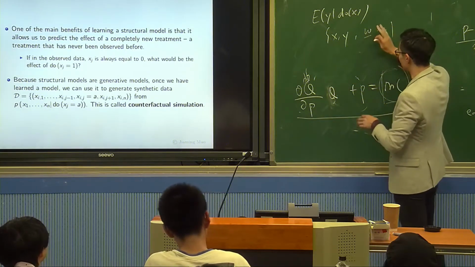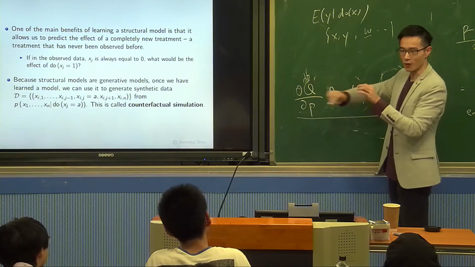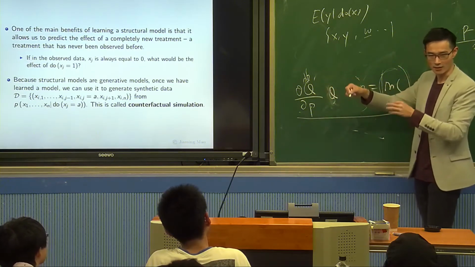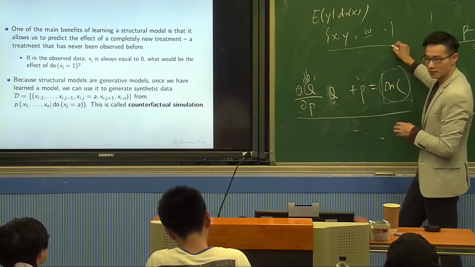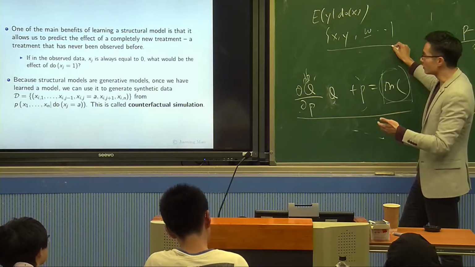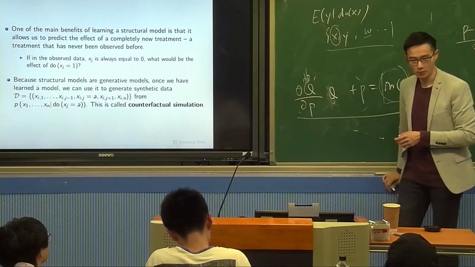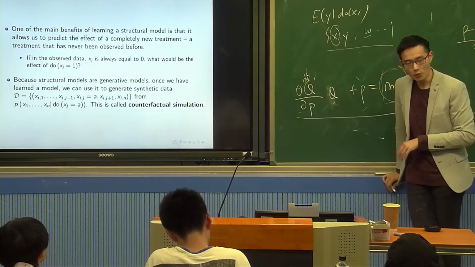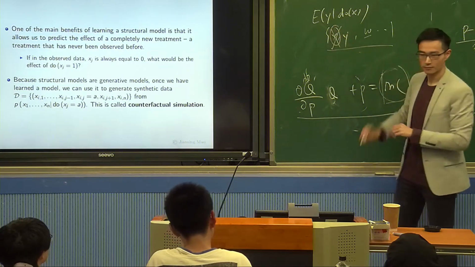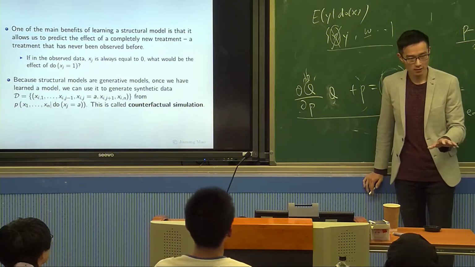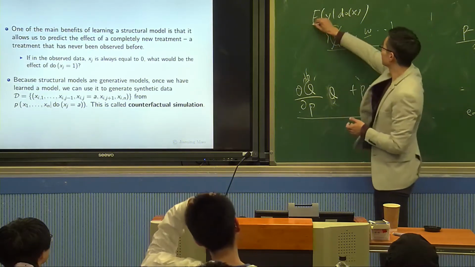If you don't have W, you find something like the front door or an IV, etc. But in all this discussion, we have assumed that at least I have data on X, which is the treatment. But what if I don't even have data on X? I never have data on the treatment. Can I still predict this?